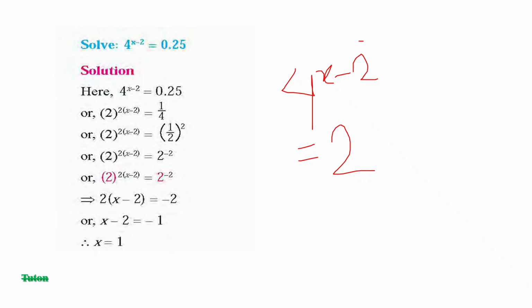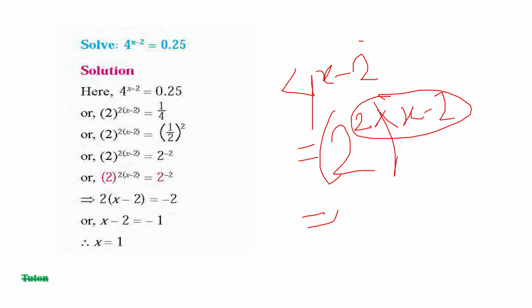In this question 2 to the power 2 is 4, right? Raised to the power x minus 2, we can multiply these two exponents, which gives 2 to the power 2 times x minus 2.